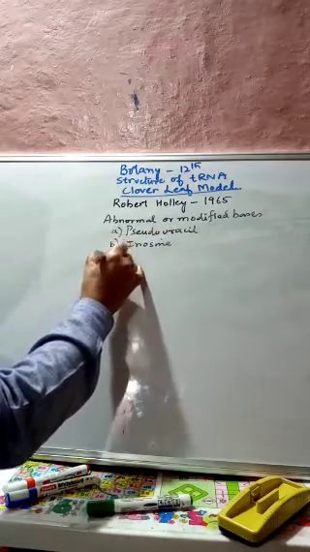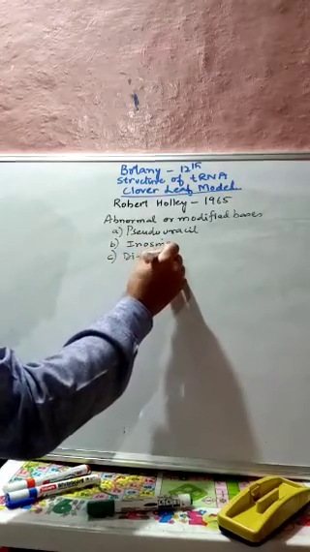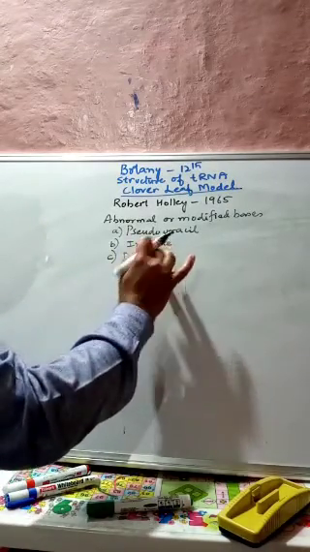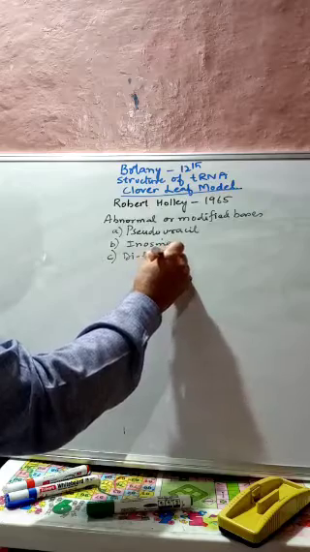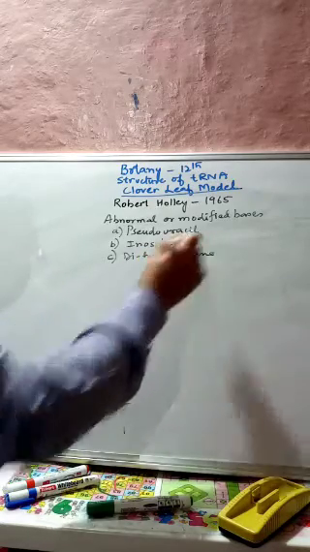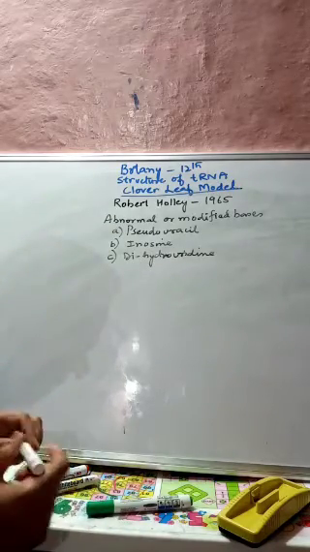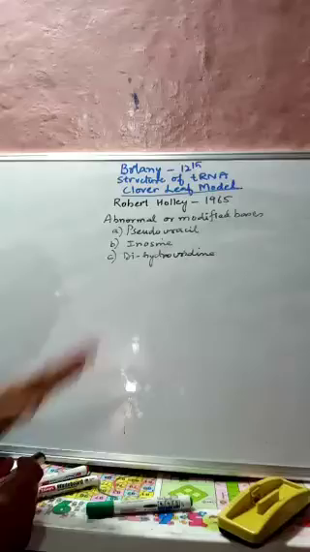Third, we have dihydrouridine. These are the three abnormal or modified bases which are found in this clover leaf model.